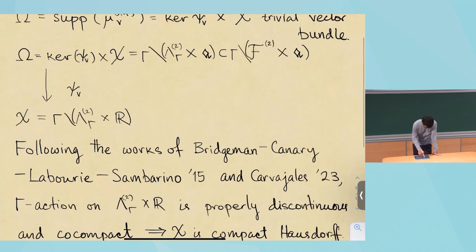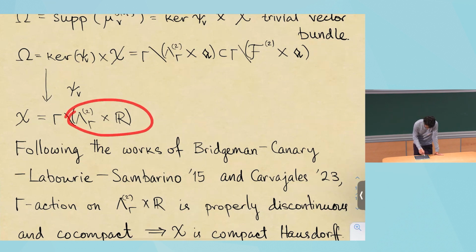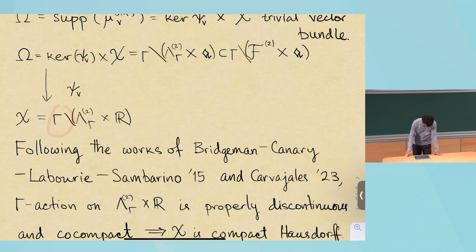So you have this vector bundle structure. You can apply psi to project to this base space X, which is the limit set squared, which is you're taking pairs of points which are distinct, times R, and you mod by gamma.